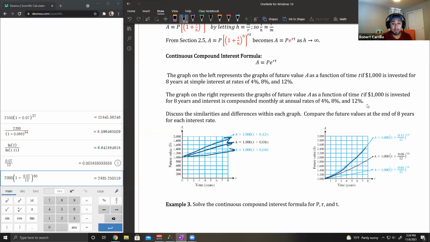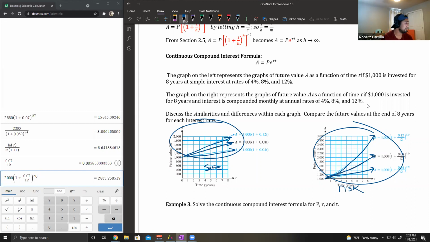So over the same amount of years at a different interest rate, your money is exponentially changing. Look at that, even at the lowest interest rate of 0.04, or 4%. So I personally would rather have the exponential investment than the linear one. Yes, this is safe, but why not risk it, right?